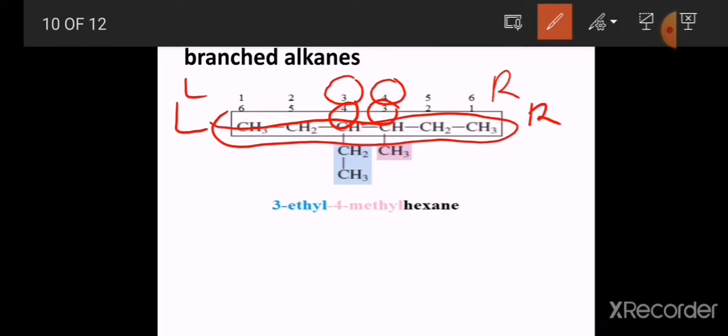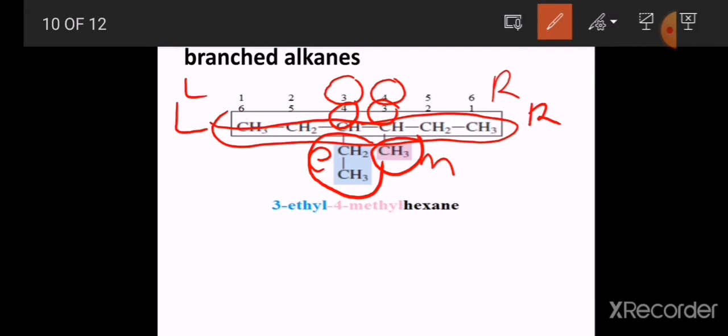Walang mas mababa, walang mas mataas. So, ano magiging tiebreaker pag ganito? Ang tiebreaker natin dito would be the alphabetical listing of the substituent. So, alin ba ang mas nauuna? Ano bang pangalan nito? Methyl. Pangalan nito, ethyl. So, alphabetical listing, mas mauuna si ethyl kaysa kay methyl.